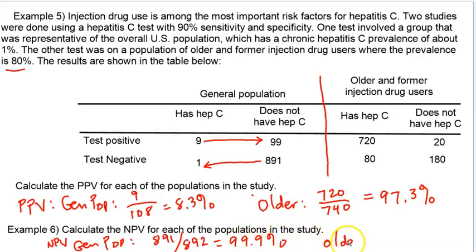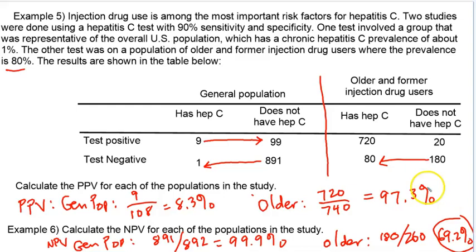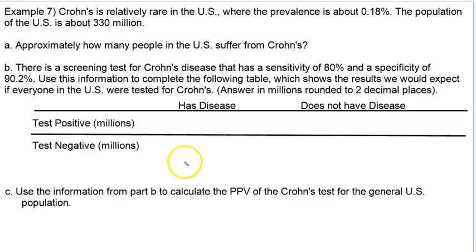For the older population, we would have 180 divided by the sum of those, which is 260, and that would be 69.2%. Okay, so example of how these work, both negative predictive value and positive predictive value, factoring in prevalence of the disease.